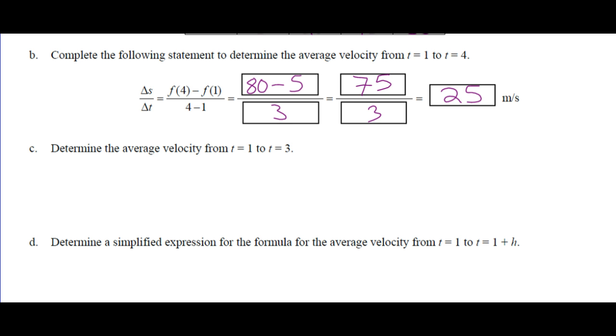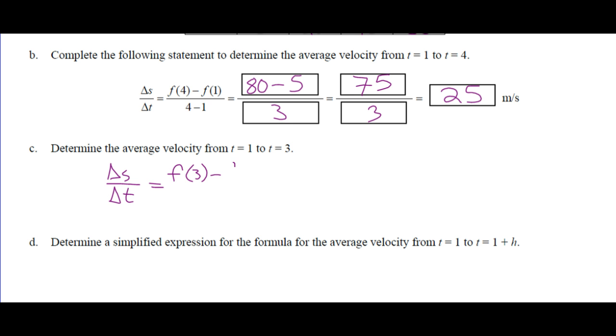Now work out part C: determine the average velocity from t equals 1 to t equals 3. We're going to do the exact same thing. It's the change in displacement over the change in time.